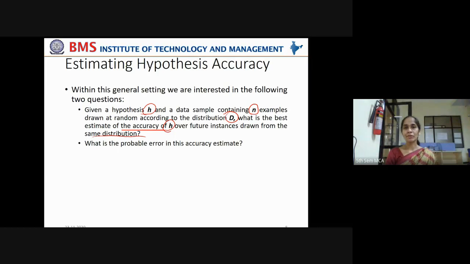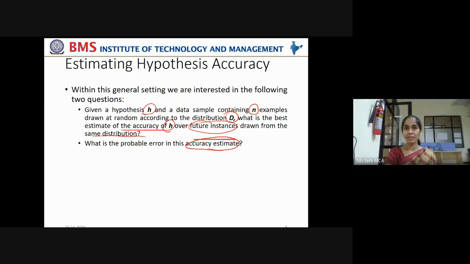From the given training examples, you formulated a hypothesis. Now, what is its accuracy with the future instances? That is question number 1. And what is the probable error in this accuracy estimate? That is question number 2.